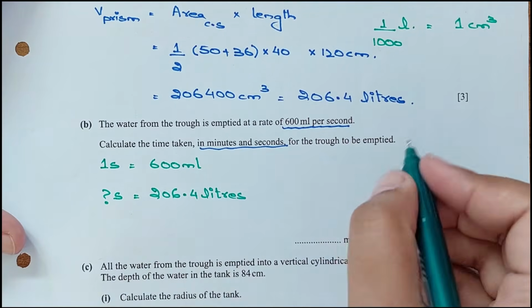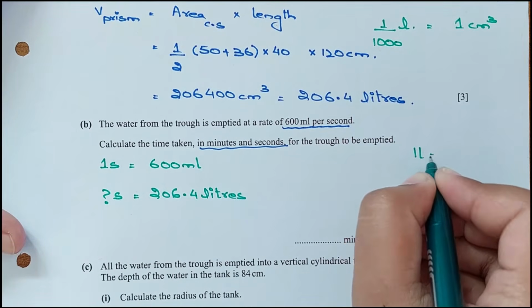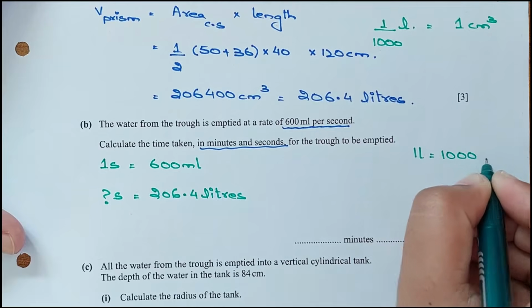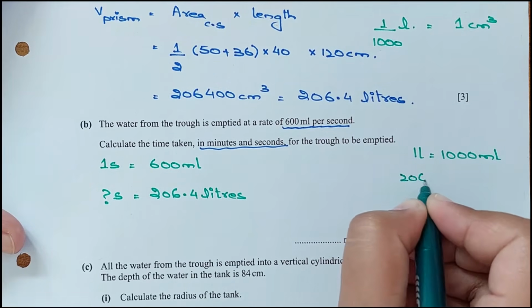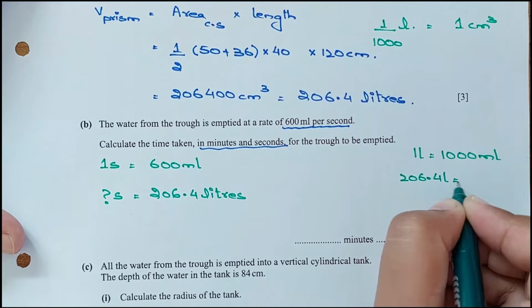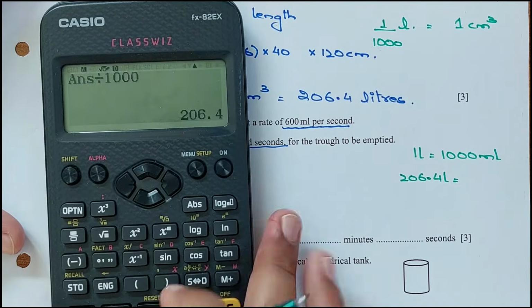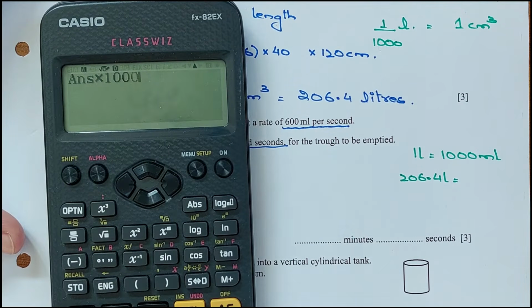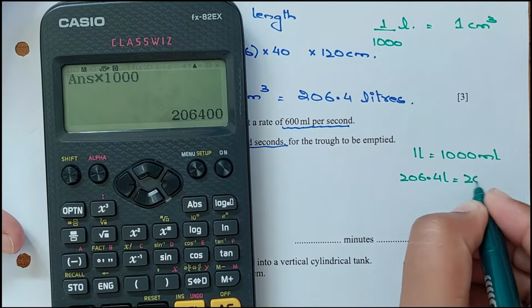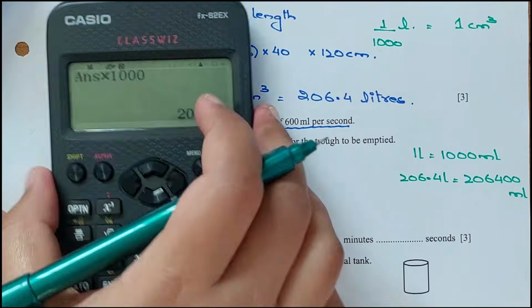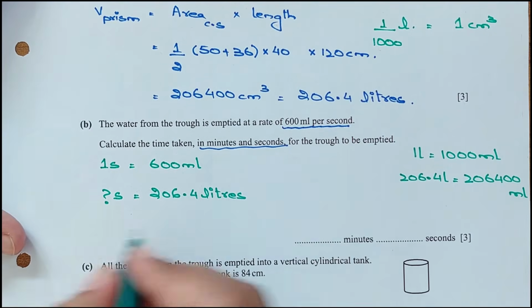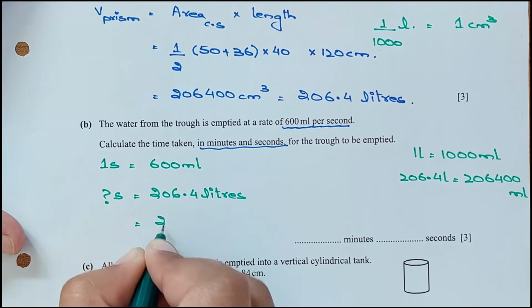Let me convert liters into milliliter. 1 liter has 1000 milliliter, so 206.4 liters times 1000 is 206,400 milliliter.